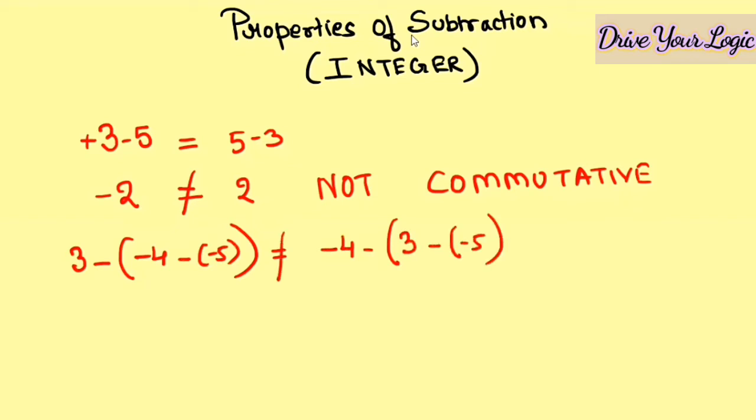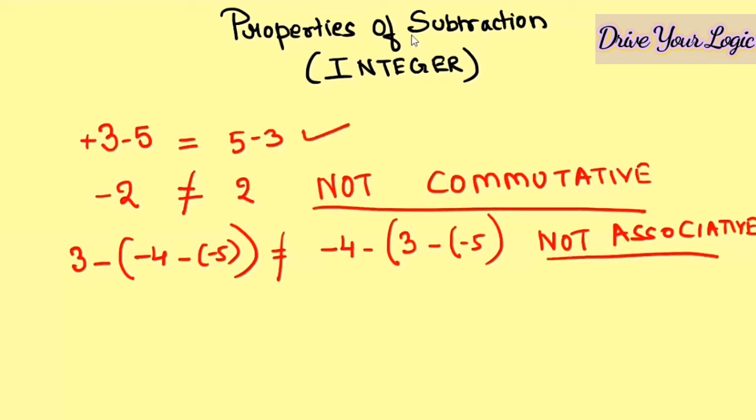No, it won't be the same. So this is called the not associative property of subtraction. Clear? So of all these properties we have understood, only the closure property is applicable. Otherwise, these two, commutative and associative, are not applicable.